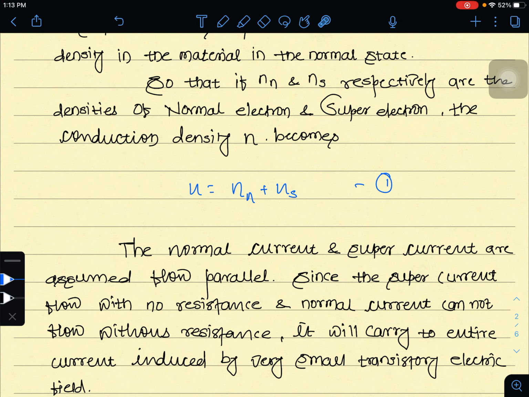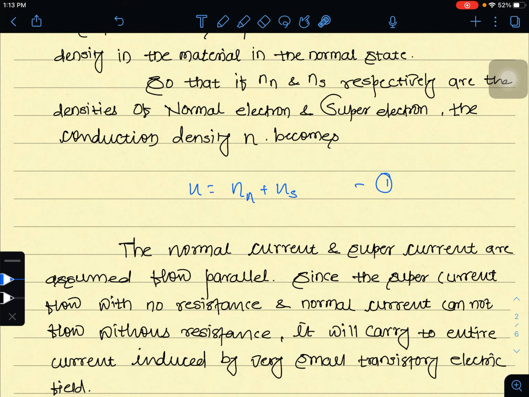Further, suppose the flow of the normal current and super current. Suppose that the normal current and super current are parallel. What happens in that situation? The super current flows with no resistance.